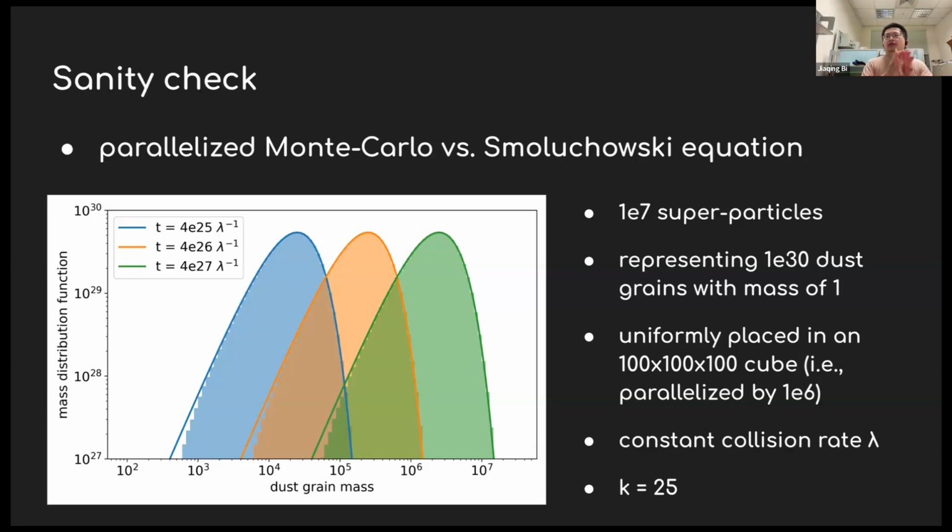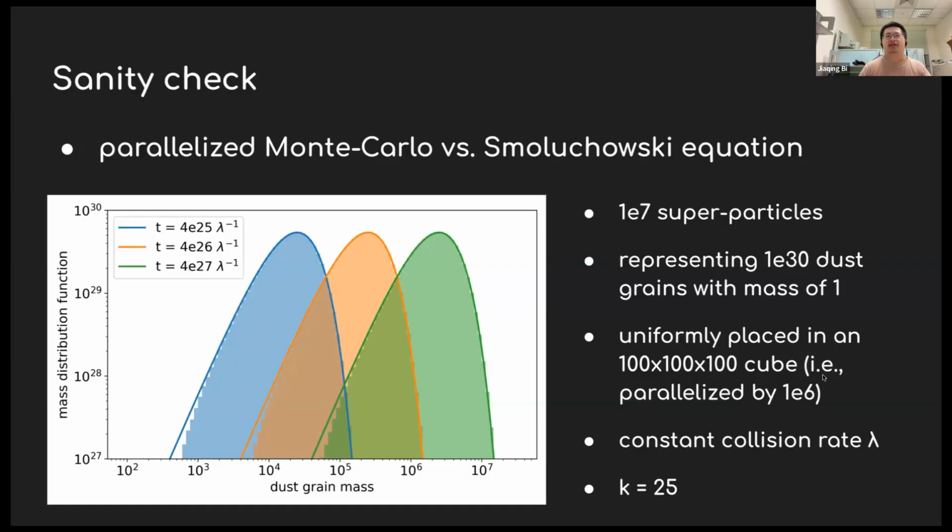If we do the full serial process, it will be like solving the Smoluchowski equation one by one. But here we are parallelizing on the grid cell, which means they are parallelized by a million instead of by 10 million.